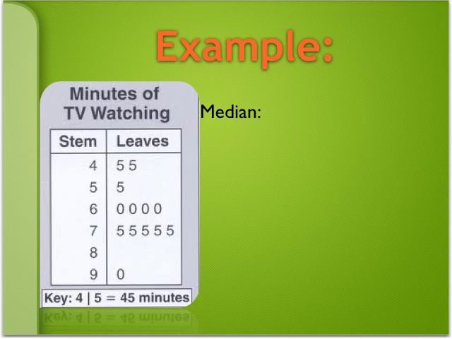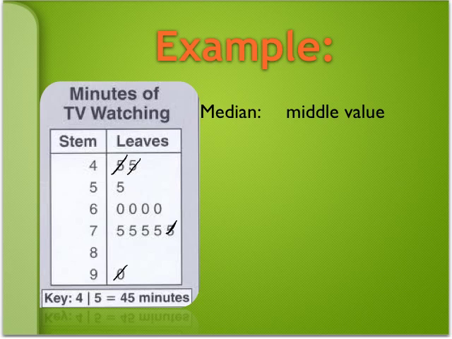Next, we need to find the median. And the median is just the middle value. So we're figuring out which number is in the middle. In order to do that, I like to check things off. So I begin with checking off my largest and my smallest at the same time.